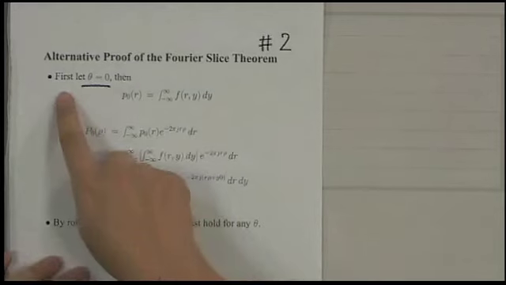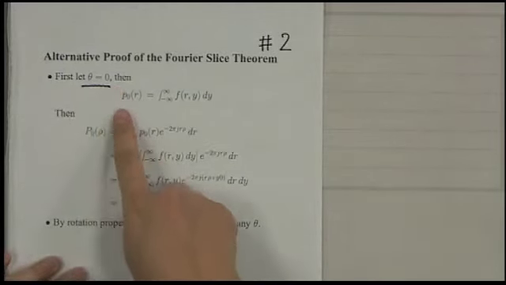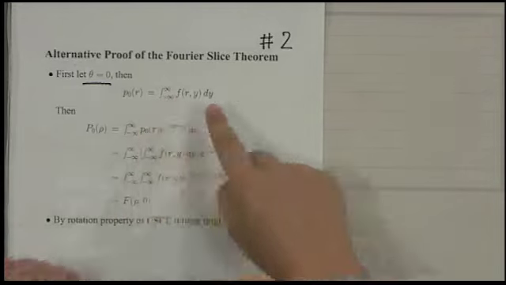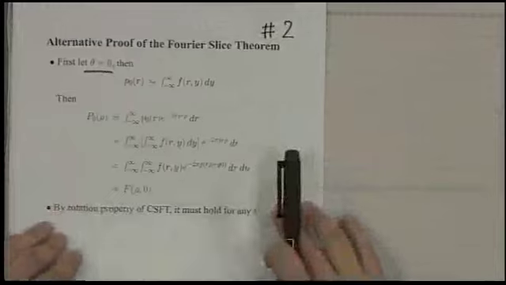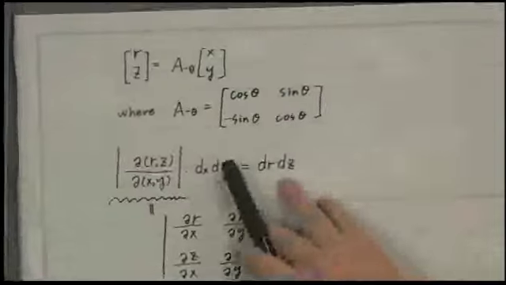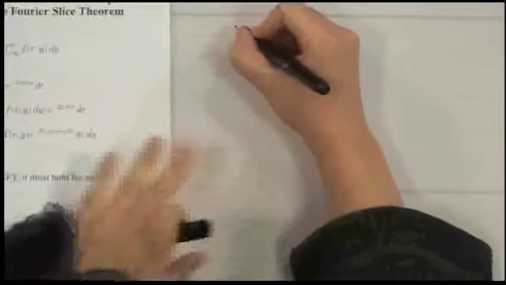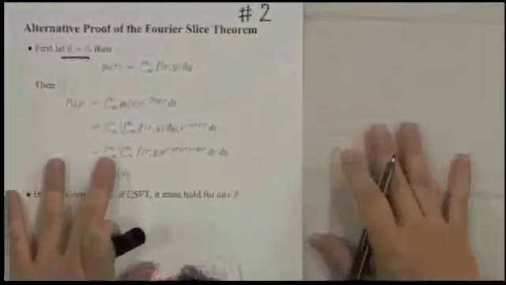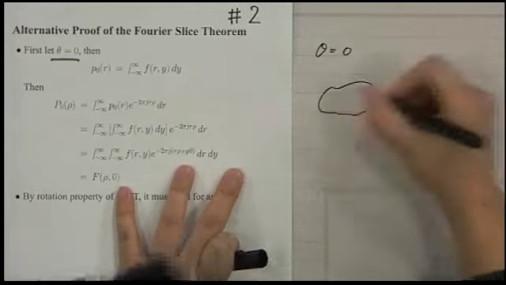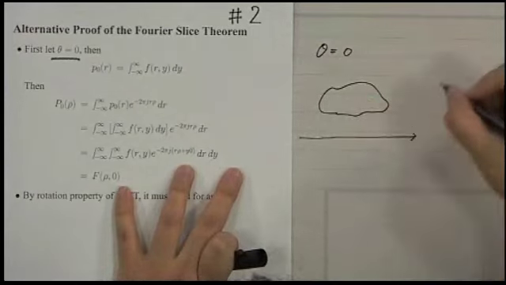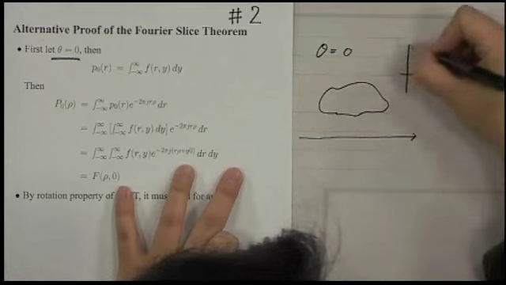If we consider theta equals 0, then the projection can be expressed in this form. The reason is like this. Right now we consider theta equals 0, so we have an object. This is x, this is y.